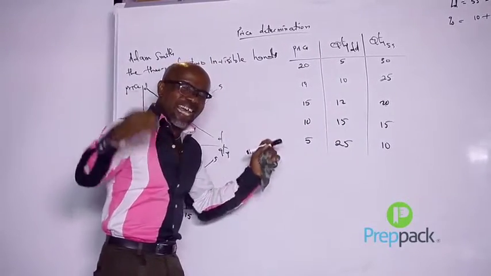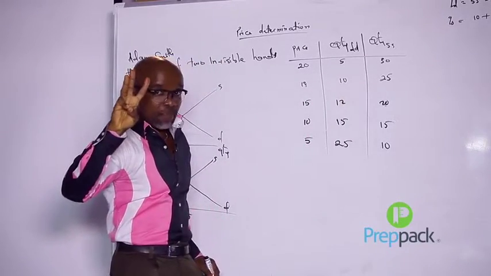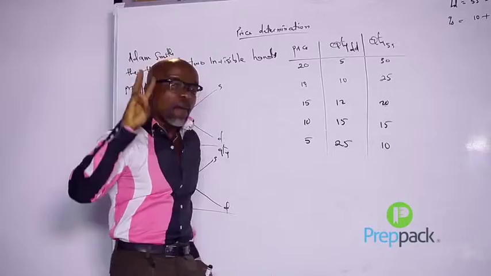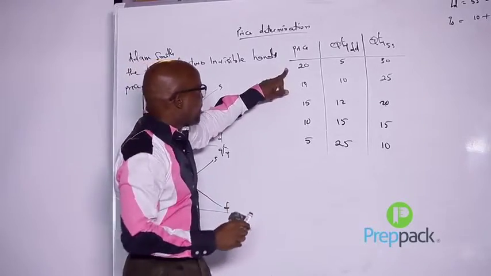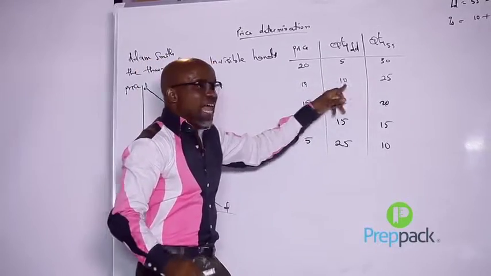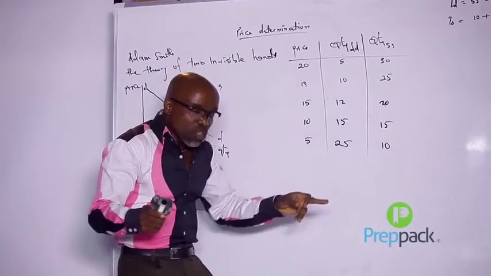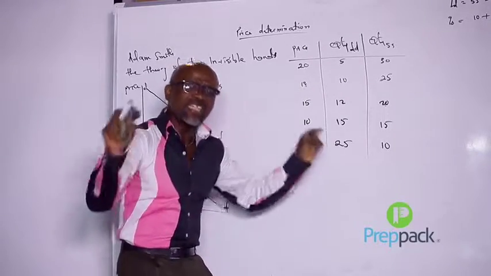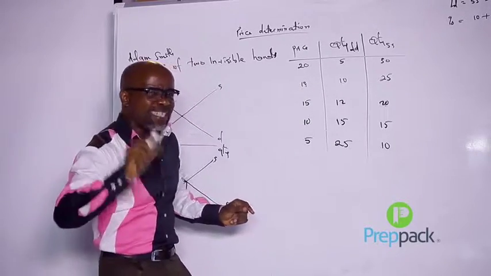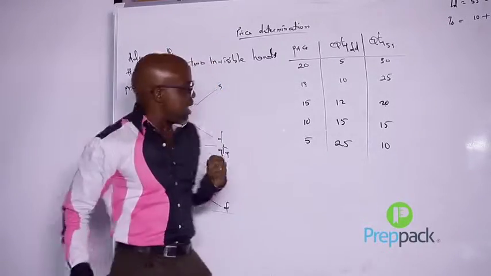Therefore, the market exhibits excess supply by 3 units, because at the first unit, supply is more than demand. At the second unit, supply is more than demand. And at the third unit as well, supply is more than demand. The question says, by how many units did the market exhibit excess supply? That's by 3 units. All right.